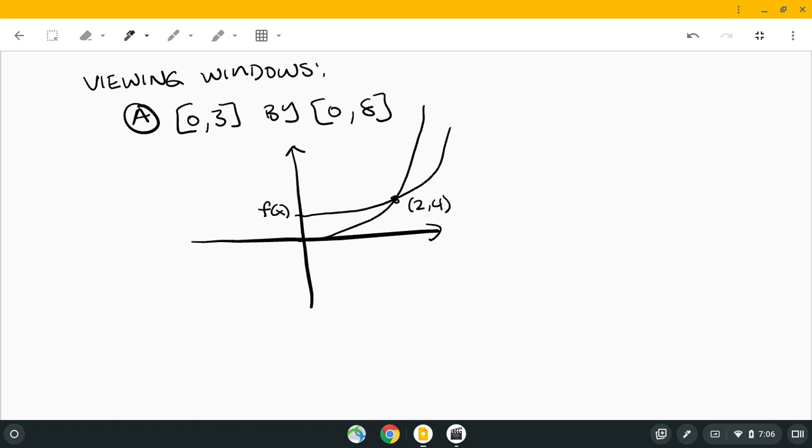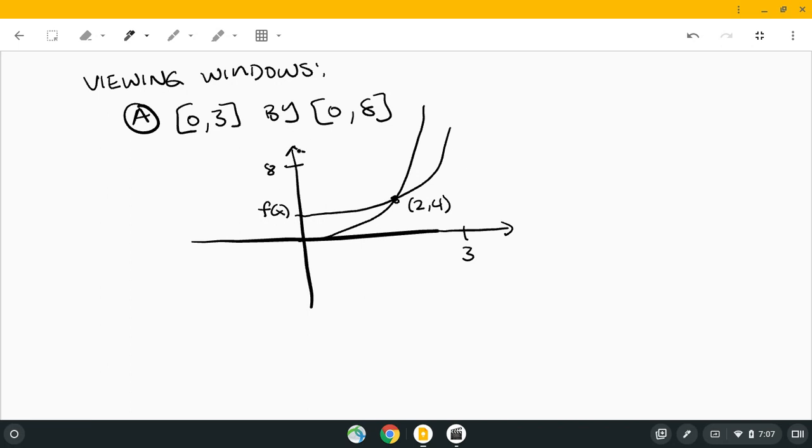So this is what it looks like when you're looking at a viewing window from 0 to 3 and 0 to 8. I guess this is not really to scale. That's what we mean by 0, 3: the range of the x values, and 0, 8 is the range for the y values.